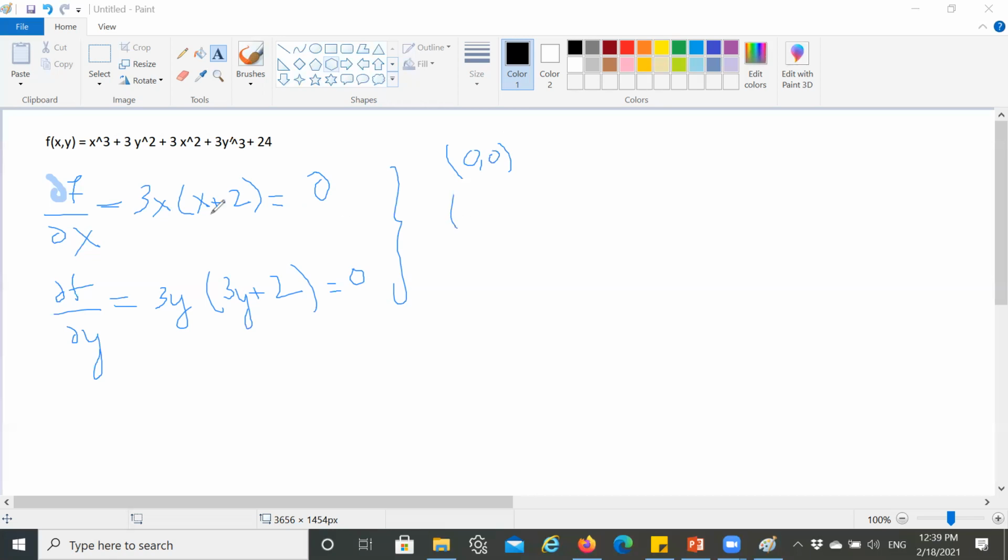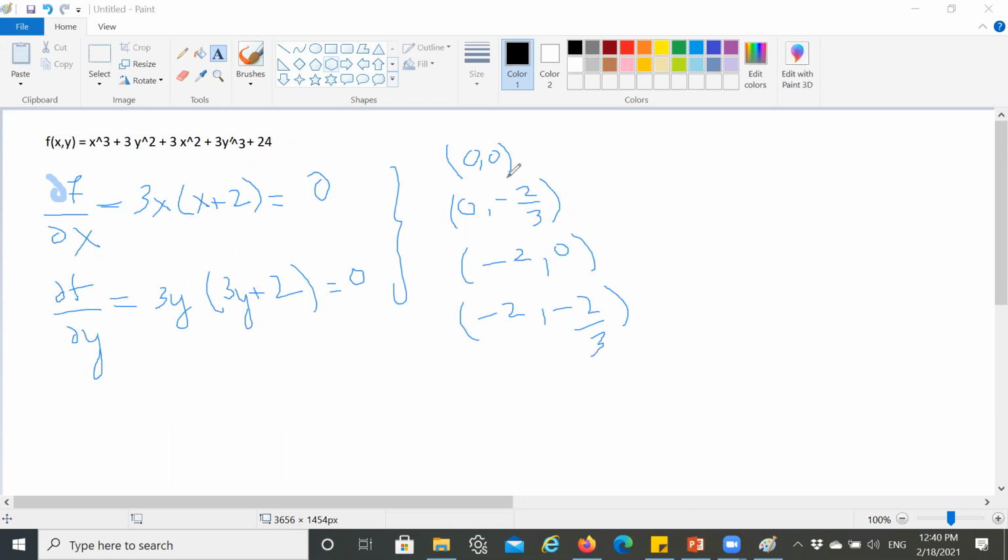The other solution is 0 and minus 2, the next one is minus 2 and 0, and the next one would be minus 2, minus 2. So you have 4 points at which the gradient is equal to 0.